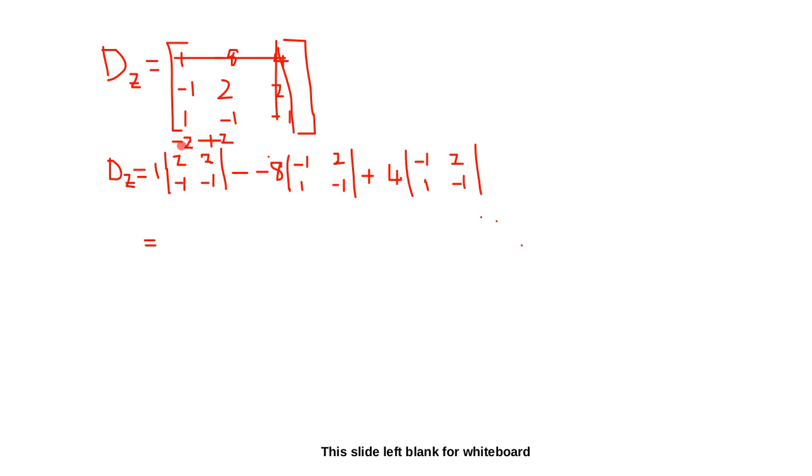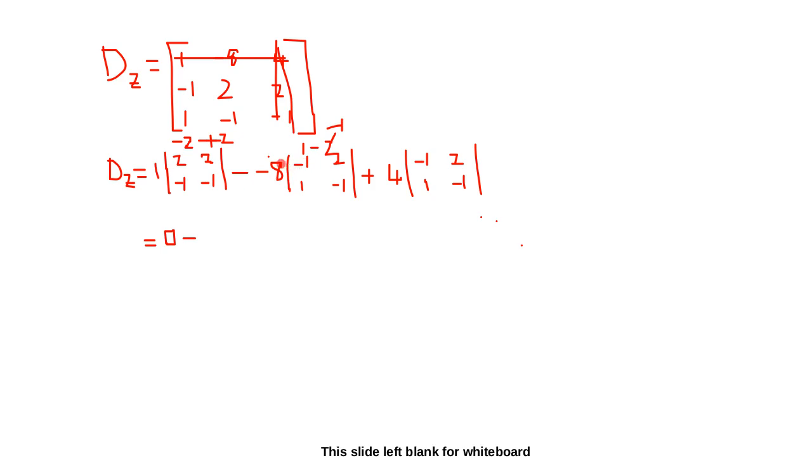So this will be -2 plus 2, which is 0. 0 times 1 is 0. Then minus, continue, -1 times -1, that will be 1. Minus 1 times 2, that is 2. So 1 minus 2 is -1.